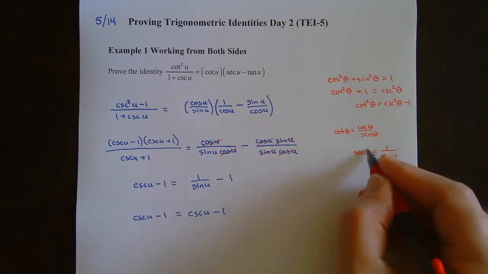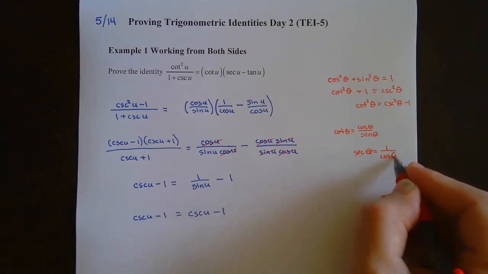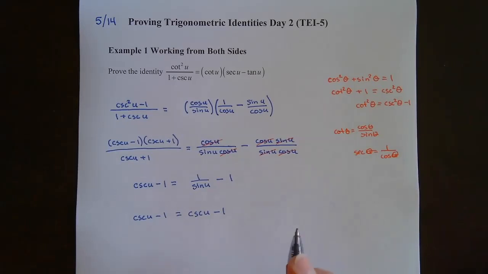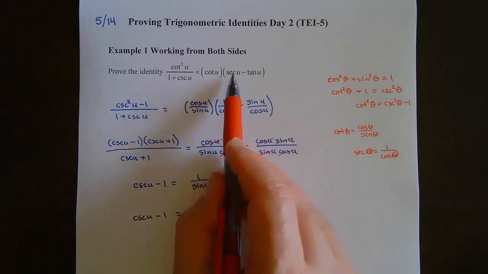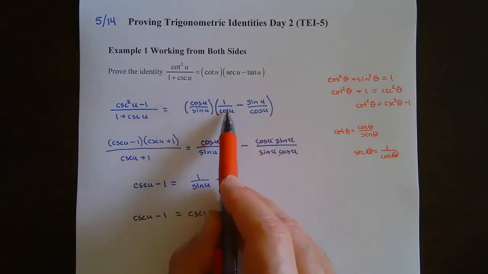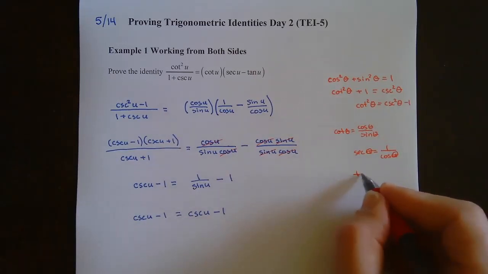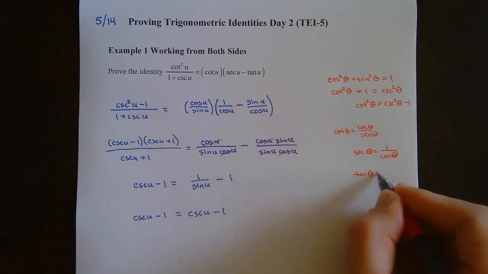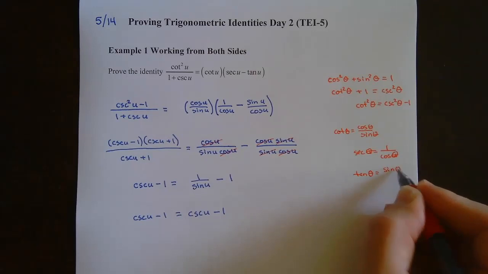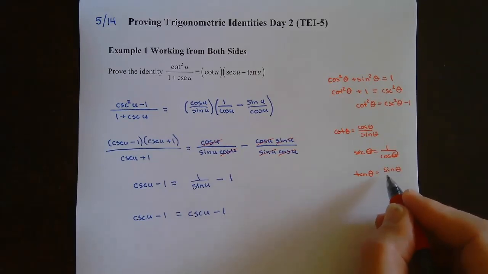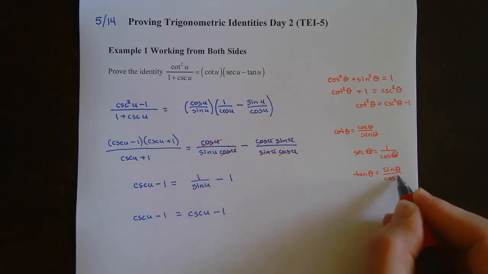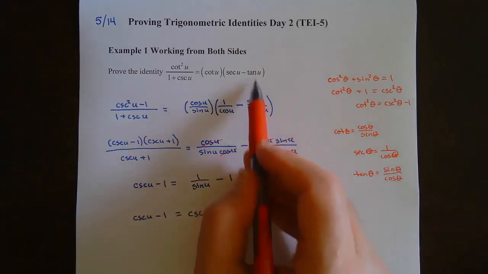Or theta. You could have used u here too. So that's what allowed us to go from here to here. And we also use tan theta is equal to sine theta over cosine theta. And that allowed me to go from here to here.